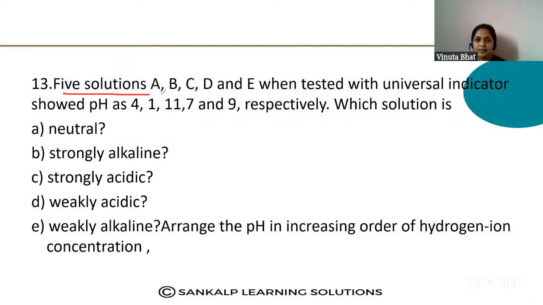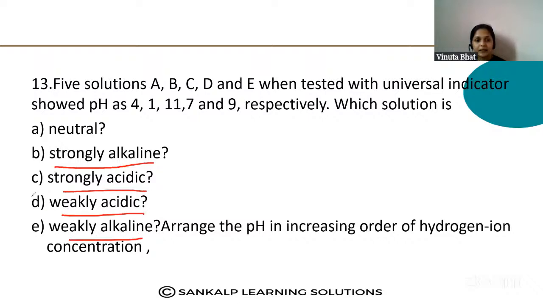Five solutions A, B, C, D, E when tested with universal indicator show the pH 4, 1, 11, 7 and 9 respectively. Which solution is neutral? Strongly alkaline, strongly acidic, weakly acidic and weakly alkaline.